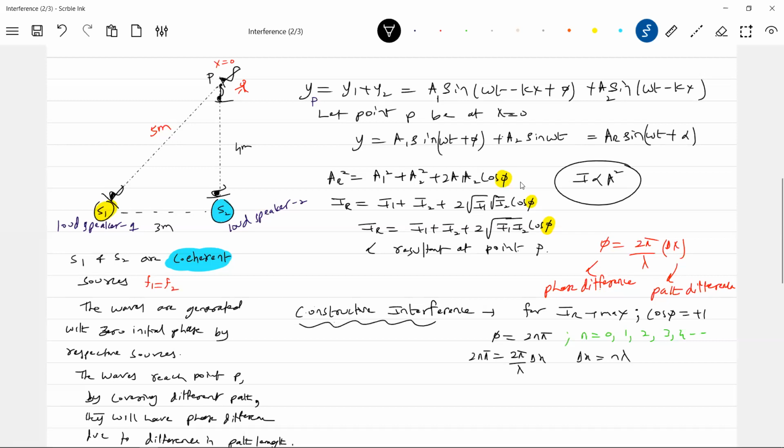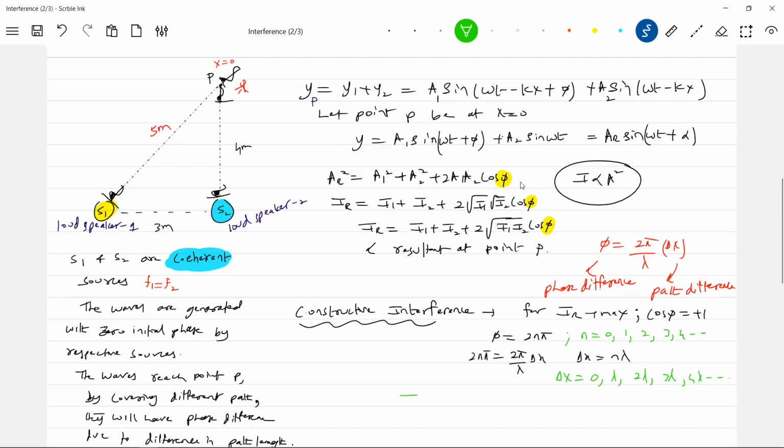So delta x is equal to n lambda. So what should be the path difference between two waves so that I am going to hear maximum sound, which is what we call constructive interference? The path difference should be equal to n lambda. So what are the possible values of delta x? 0, lambda, 2 lambda, 3 lambda, 4 lambda, and so on.